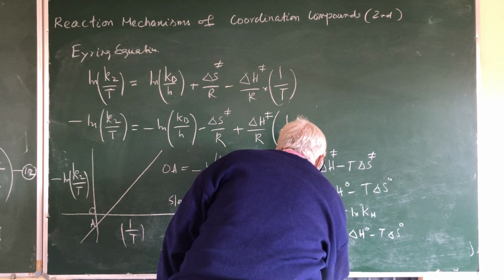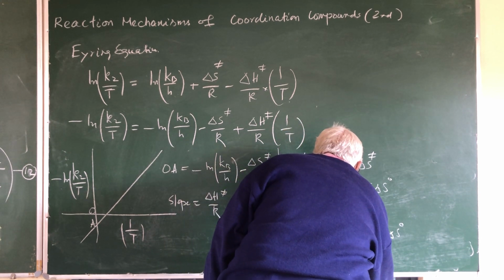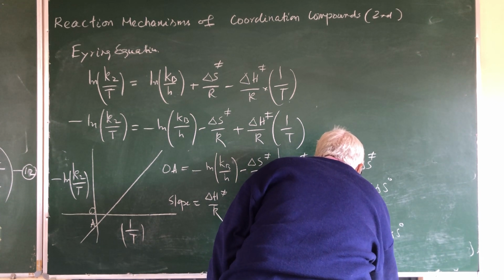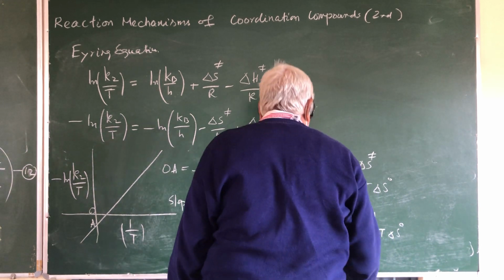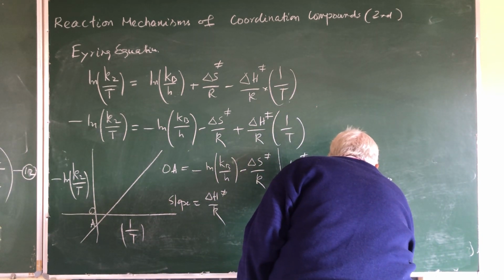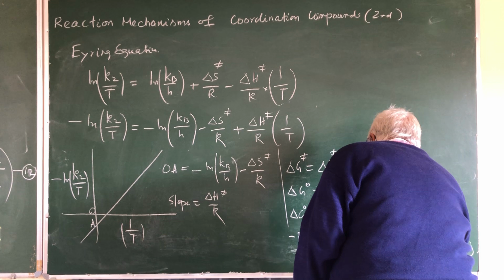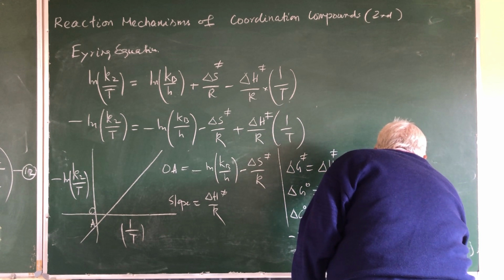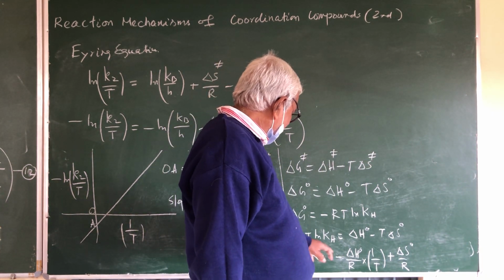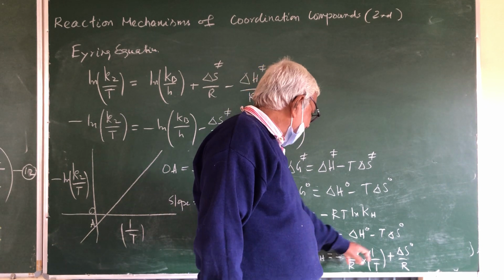So ln Kh will be minus delta H0 by R into 1 by T plus delta S0 by R. If you multiply by minus 1 and divide by RT, this term will be minus, this term will be plus.